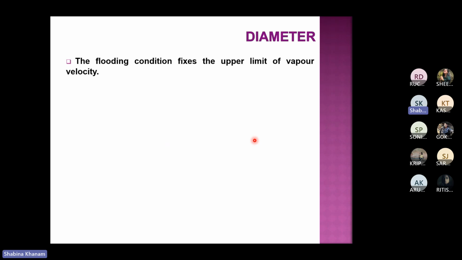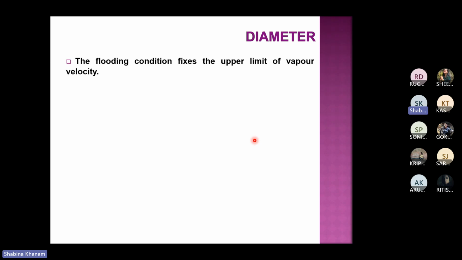So when we consider the diameter, because diameter will depend on the vapor flow, and how much part of the tray will be covered by the vapor. If the vapor flow rate is very high, then in that case it will cover the whole diameter or complete plate.